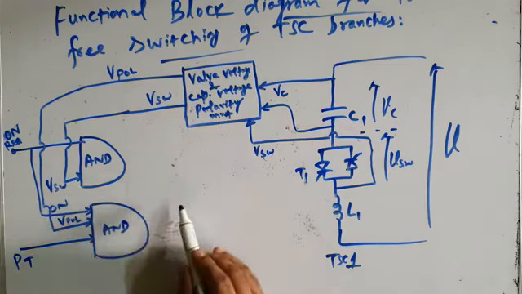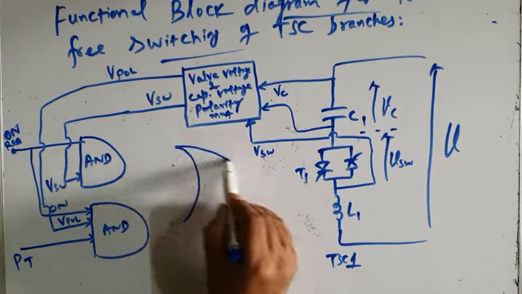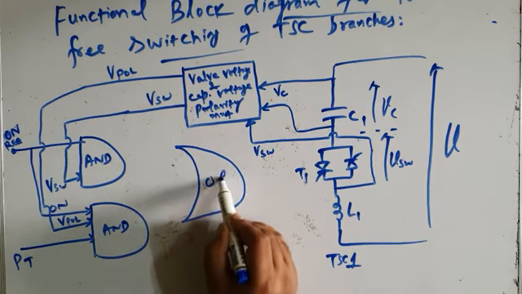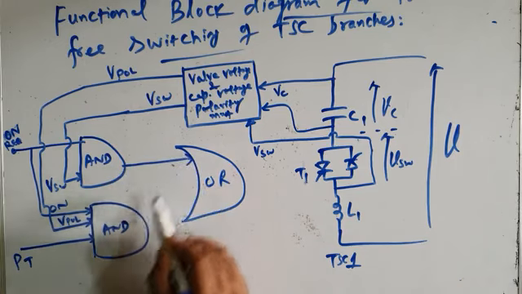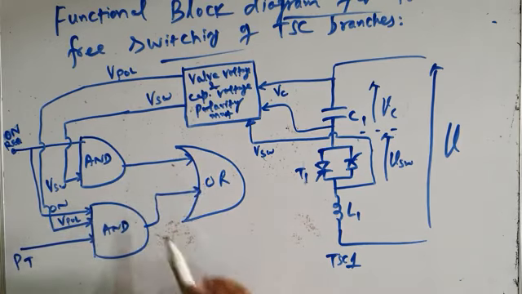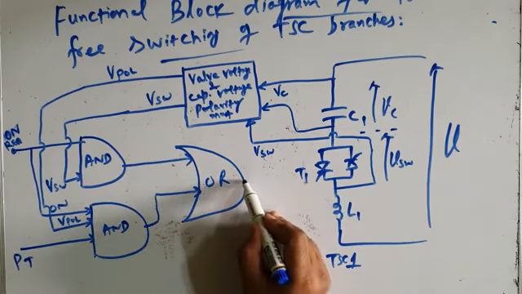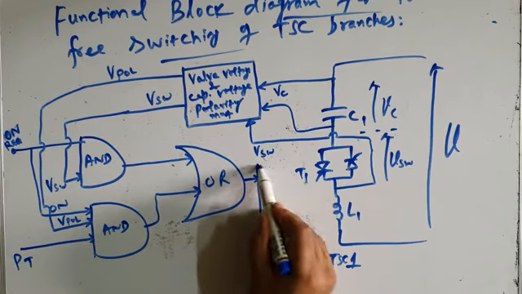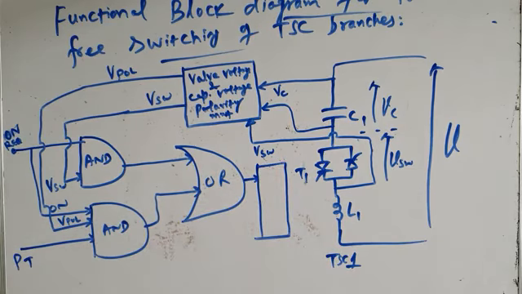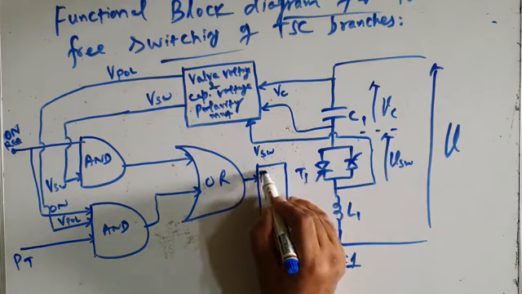And the outputs of the two AND gates go to an OR gate. This is our OR gate. This is AND gate 1 output, AND gate 2 output, and the output of this OR gate goes to the firing pulse generator.